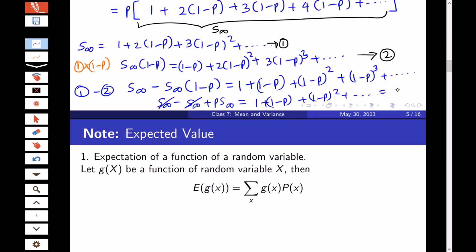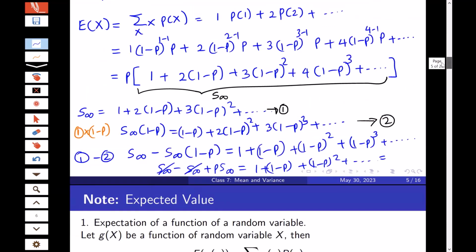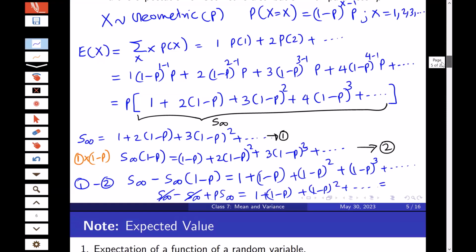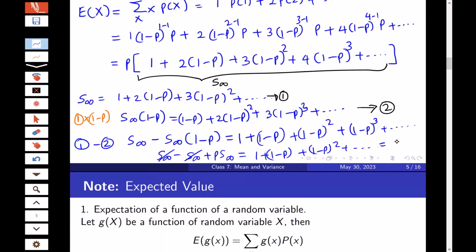So this summation is the same as one over first term is 1 and the increment is 1 minus P. So it is 1 minus 1 minus P.